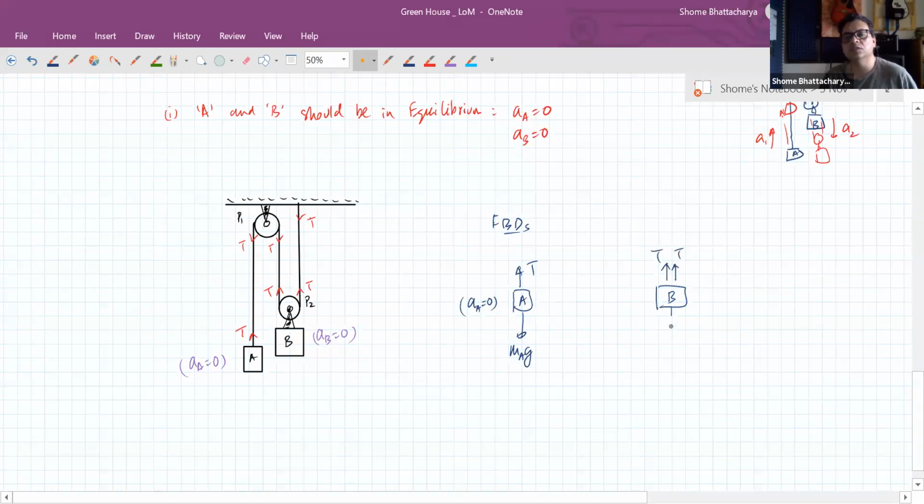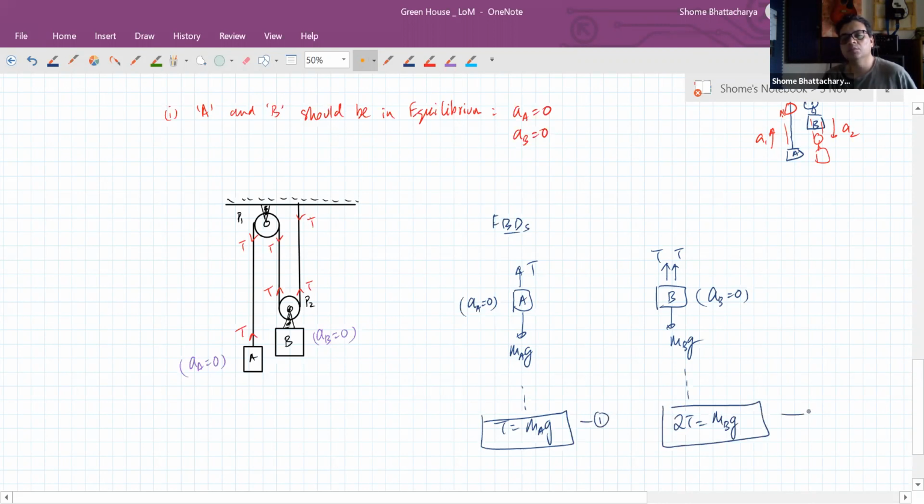So the net upward force is 2T, and its weight is this, and its acceleration is 0. So this is telling us that the tension should balance this weight. And this is telling us that twice the tension should balance this weight. So this is equation 1, this is equation 2. And comparing them, you get, therefore, mass of B should be equal to 2 times mass of A. Okay. So that means in this case, mass of B should be equal to 40 kg.